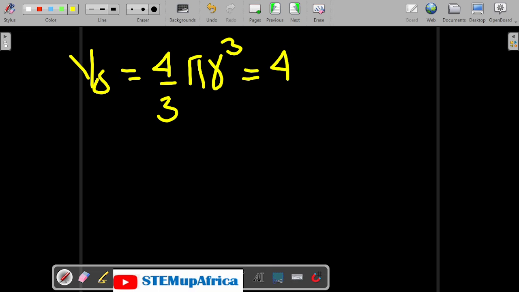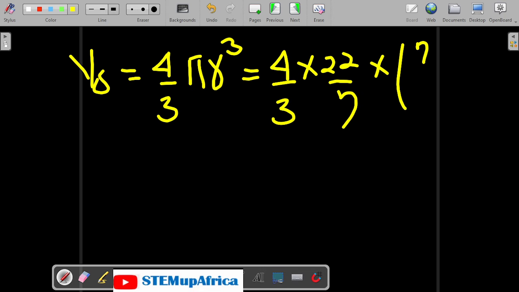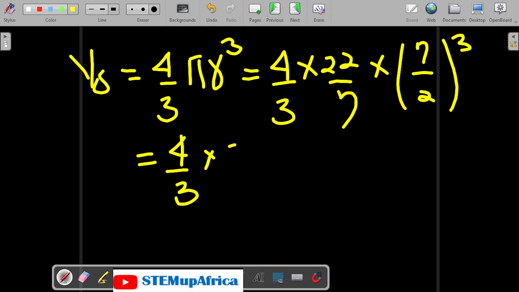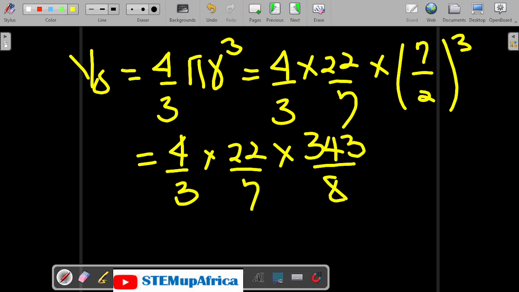So we're having 4/3 times 22/7 times the radius we've gotten, 7/2, all raised to power 3. 7 raised to power 3 gives us 343, and 2 raised to the power 3 gives us 8.